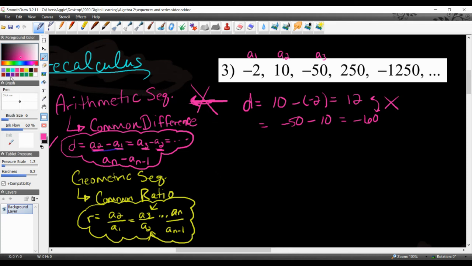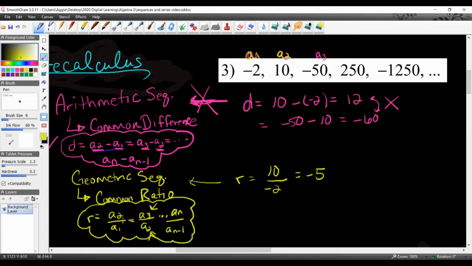Okay, so let's try the geometric. For geometric, we need to find a common ratio. The common ratio is a sub 2 divided by a sub 1. So again, we're going to look at 10 divided by our first term, negative 2, which comes out to negative 5.